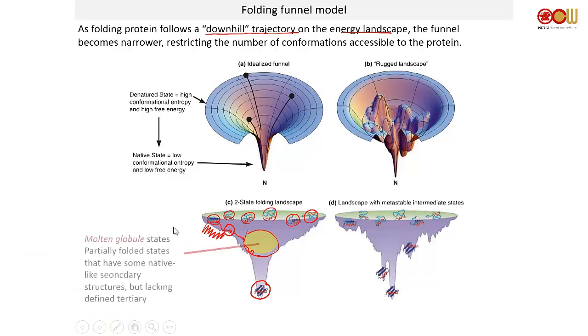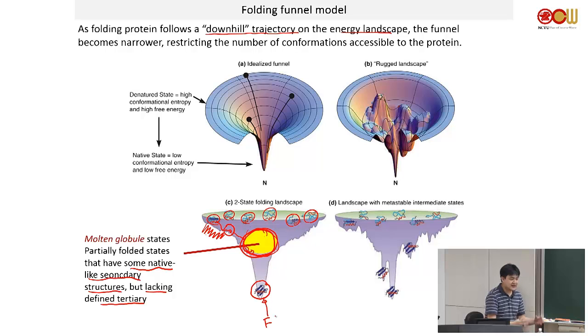Now, in the middle, in this globular state, we usually call that a molten globule state. It refers to partially folded states that have some native-like secondary structures but lack a defined tertiary structure. Before it reaches the final state, it has formation of alpha helix and beta sheet, but you still have movement, different conformations and different topology.